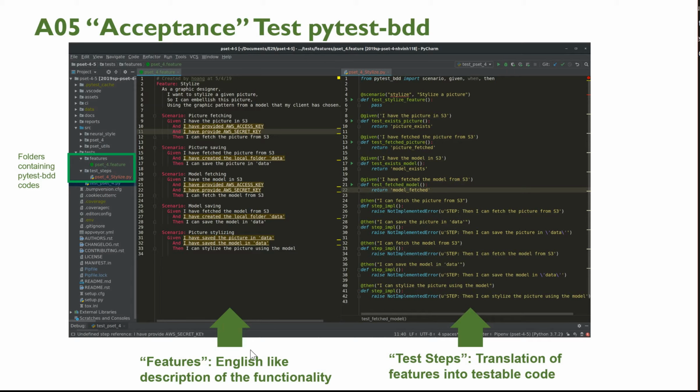Basically, this is the English-like description of the functionality, and out from here, PyCharm could generate part of it. Actually, it only generates the then statement here. All these given and features statements here were handwritten by me.